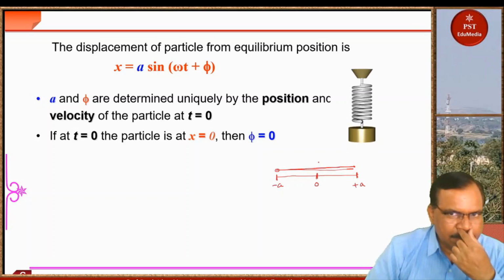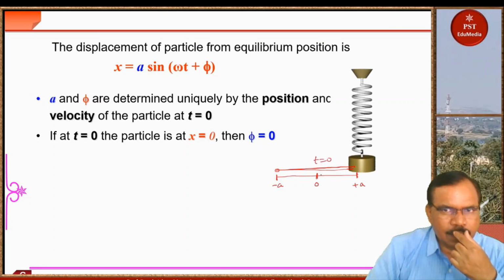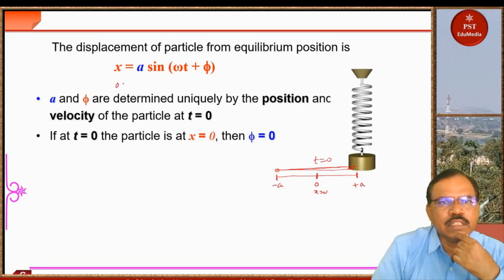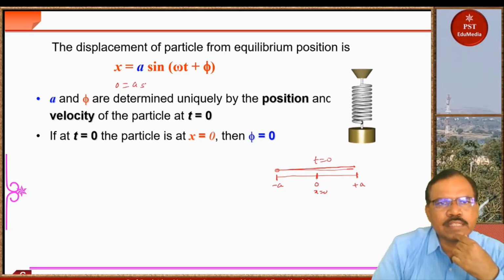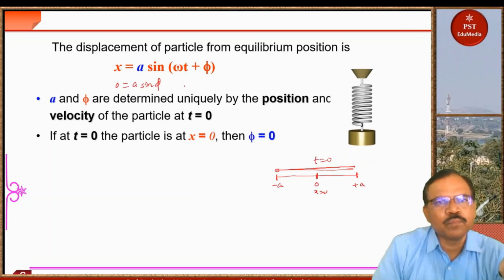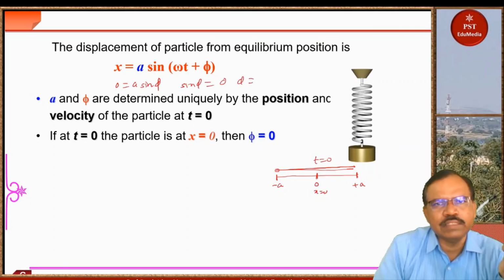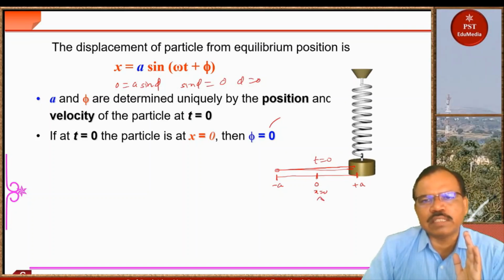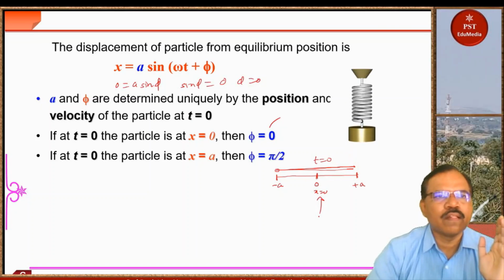If at t is equal to 0 the particle is at x is equal to 0, then 0 is equal to a sine phi, because t is 0. Now a is not 0, so sine phi is equal to 0. This gives phi is equal to 0. That is the starting phase. When phi is equal to 0, it starts from the equilibrium position.